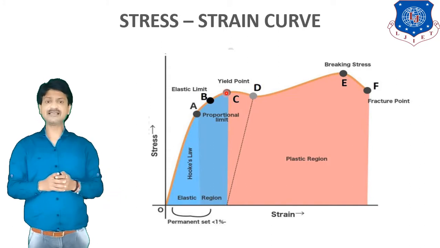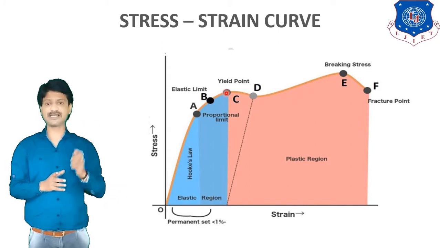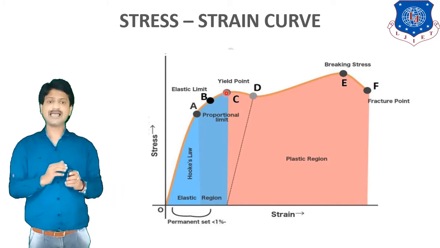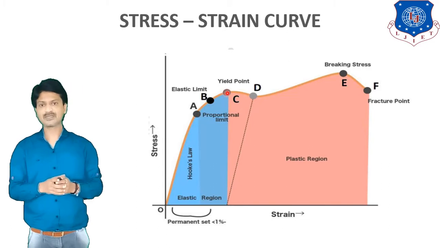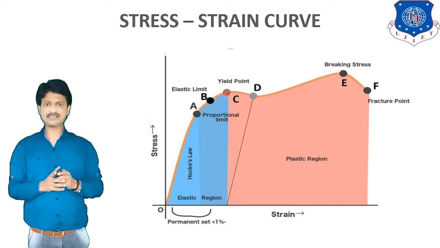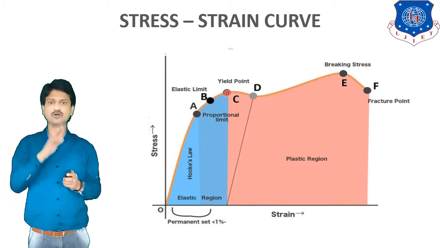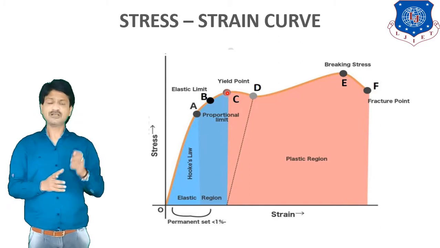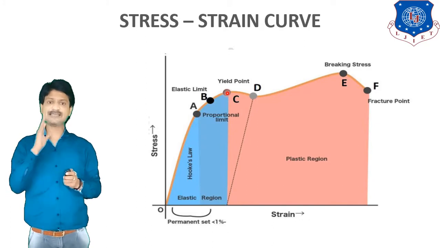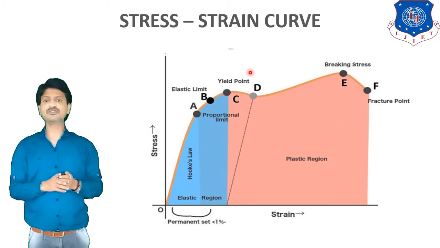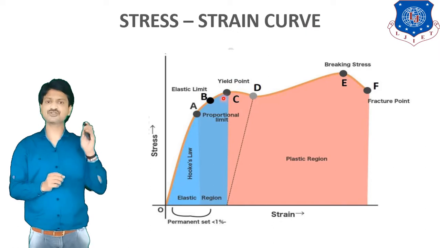Yield stress is defined as that unit stress which will cause an increase in length without an increase in load. Now we know that at point C there is an increase in strain even though there is no increase in stress.